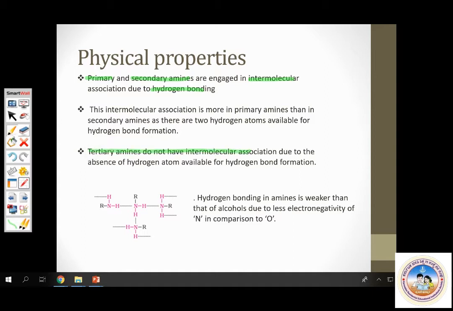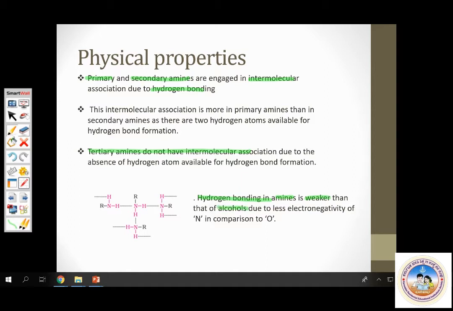Okay. But all the three types of amines will associate with water through hydrogen bonding and hence they are soluble. But boiling point of amines will be less than that of alcohols because hydrogen bonding in amines is weaker than that in alcohols. Hence, amines will have lesser boiling point than alcohols.